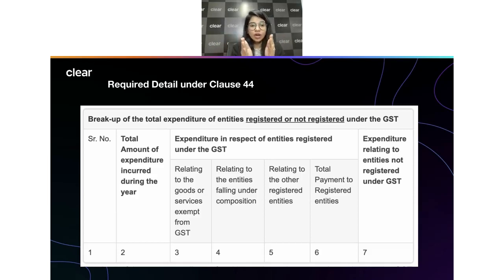It's not actually the total payment, it's just the total expenditure you have done on purchases or expenditure from the registered person. Whenever you have done a purchase from a registered person, that will come in your total, which is column number 6. So it's not a payment, it's just a sum of 3 plus 4 plus 5, right?